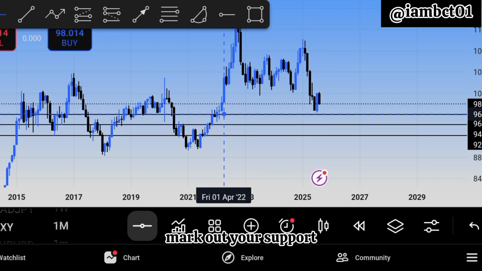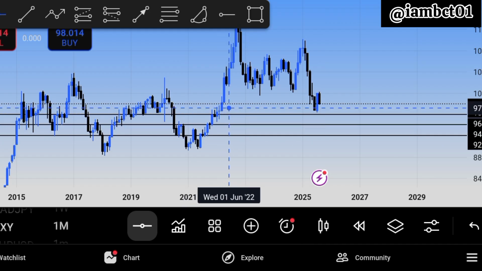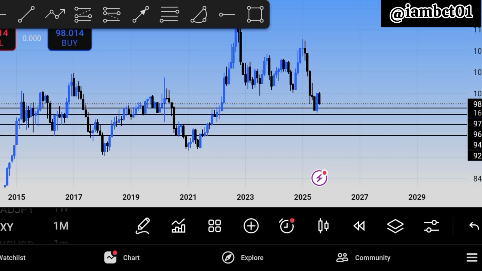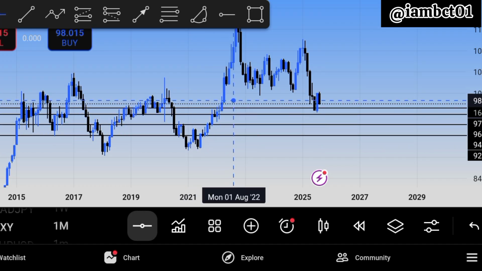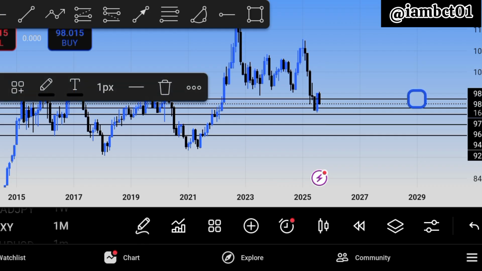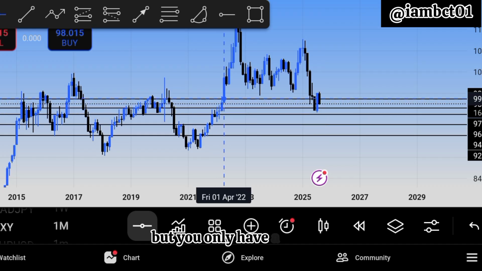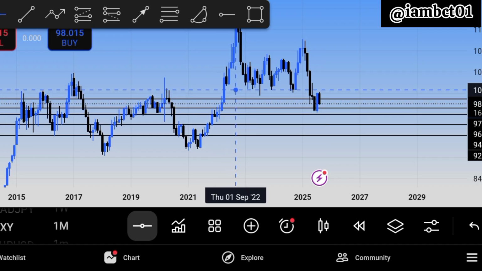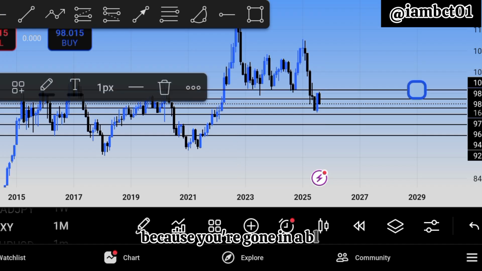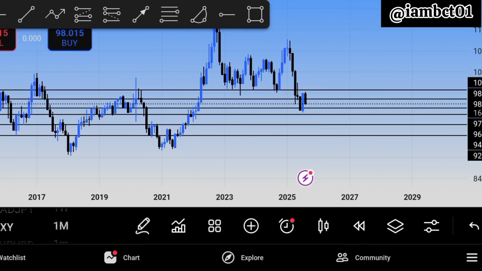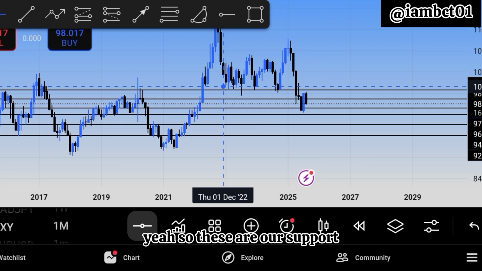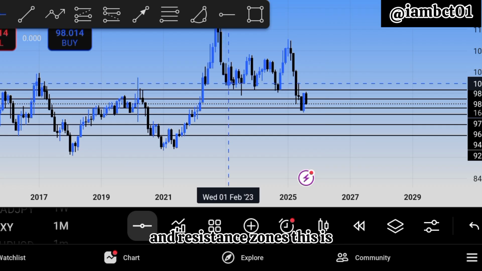Mark out your support and resistance zone. Yeah, so these are our support and resistance zones.